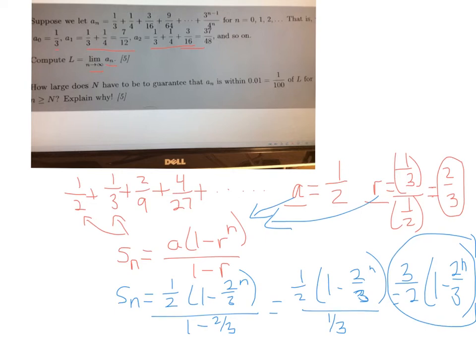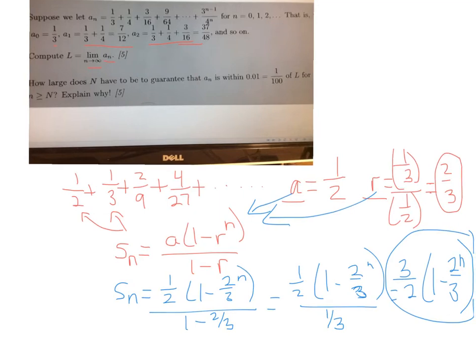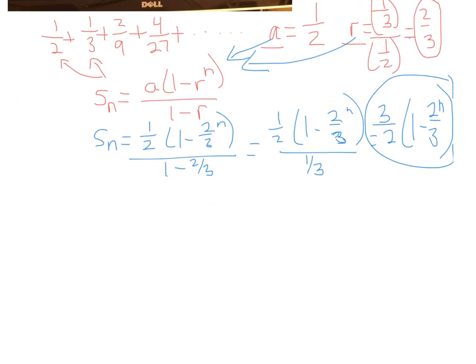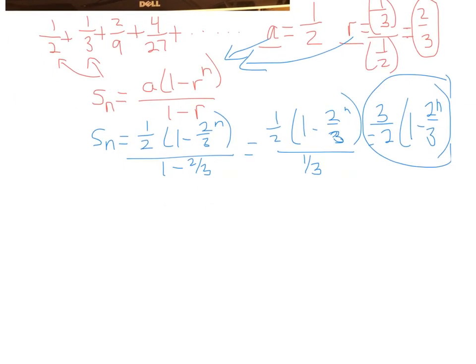It might be easier to simplify this so that you can determine better what's going to happen when we let n approach infinity. If I multiply the 3/2 in the brackets, I get 3/2 minus 3/2 times 2/3 to the n, like that.